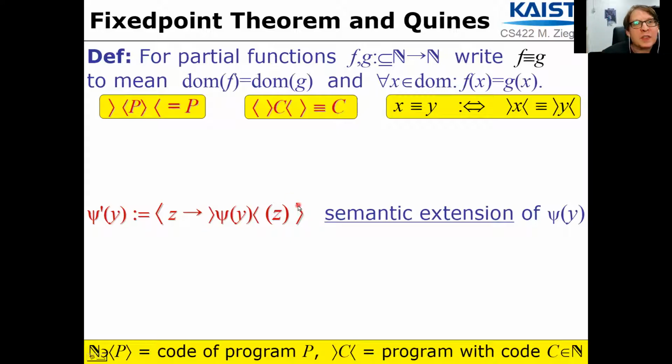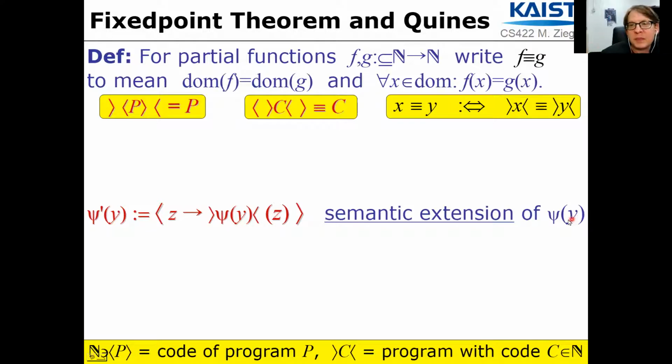It may be a different code than the code of this natural number, but they have the same semantics, they behave the same way. Both this natural number and the program it represents, and this program encoded as a natural number, receive an argument z, and then execute the program whose code is psi of y on this argument. So these two, psi prime of y and psi of y, are equivalent in this sense; they represent the same program if psi of y is defined.